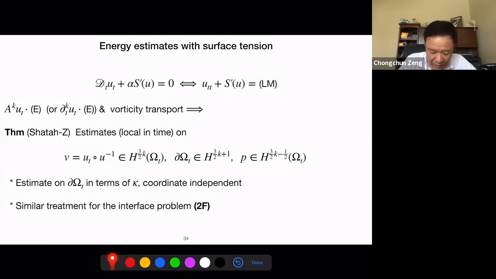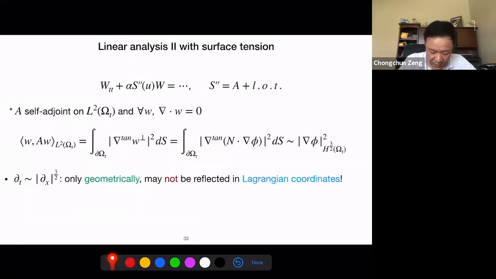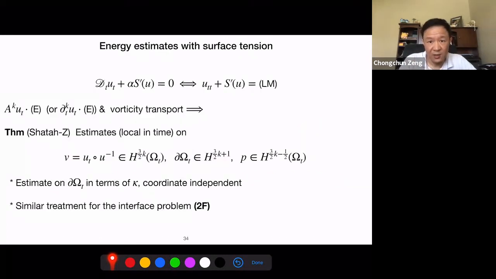Then when you compare the regularity of V on the boundary with the regularity of the boundary, there is improvement of the 3/2 derivative. Okay, and so that is the improvement we saw just over here, that one-time derivative corresponds to 3/2 derivative in space geometrically. So the boundary gets better regularity.